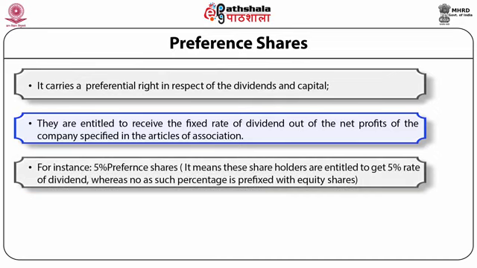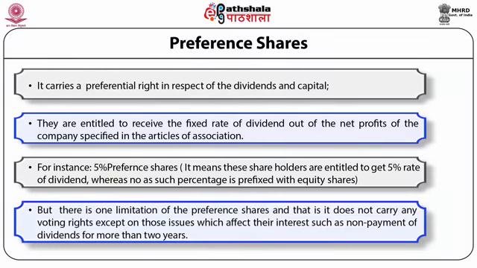For instance, 5% preference shares means these shareholders are entitled to get a 5% rate of dividend, whereas no such percentage is fixed with equity shares. But there is one limitation of preference shares, and that is they do not carry any voting rights except on those issues which affect their interest, such as non-payment of dividends for more than 2 years.